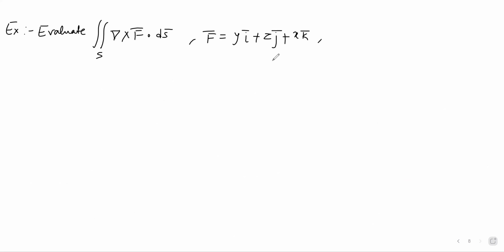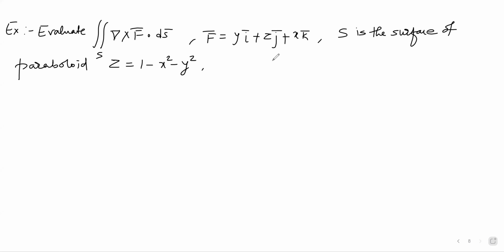S is the surface of the paraboloid z equal to 1 minus x square minus y square, z is greater than or equal to 0.